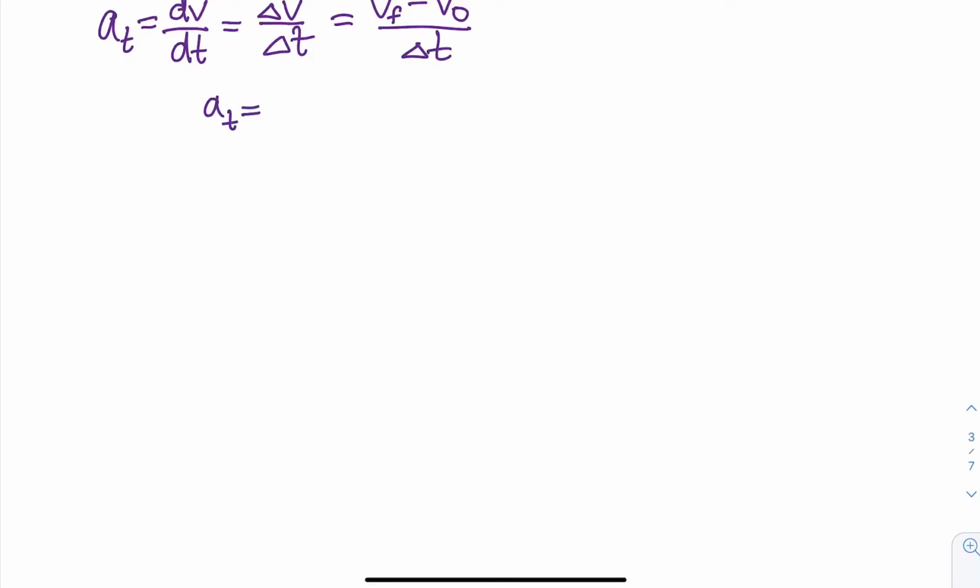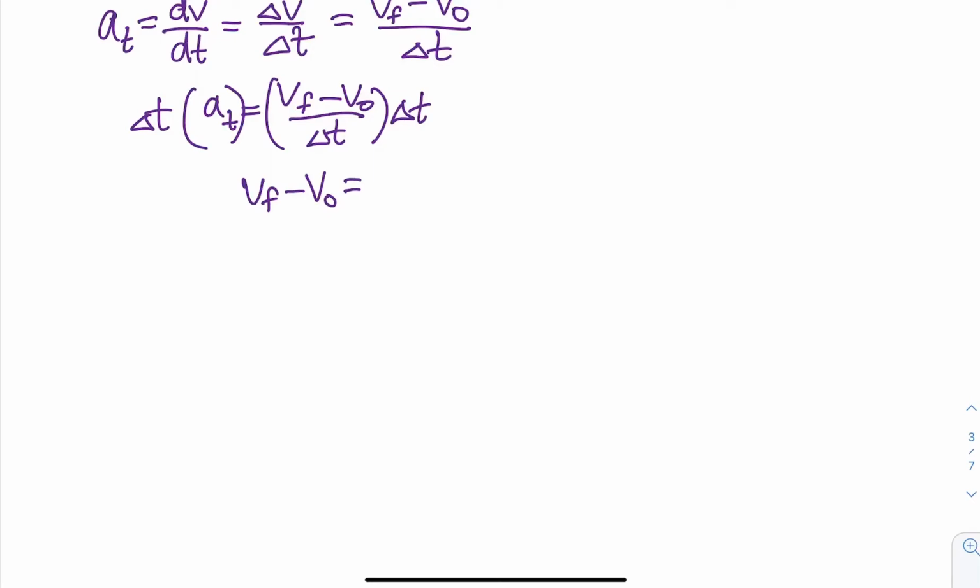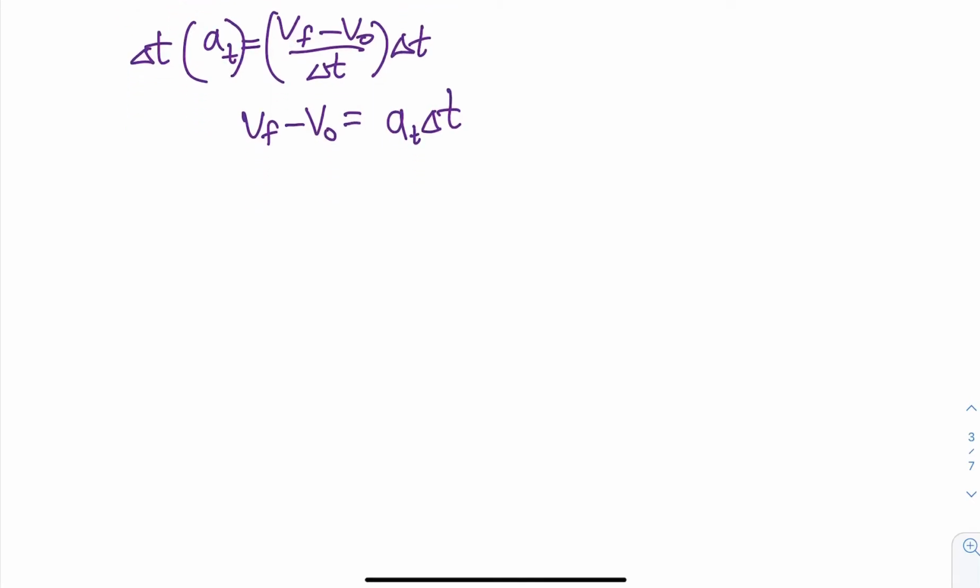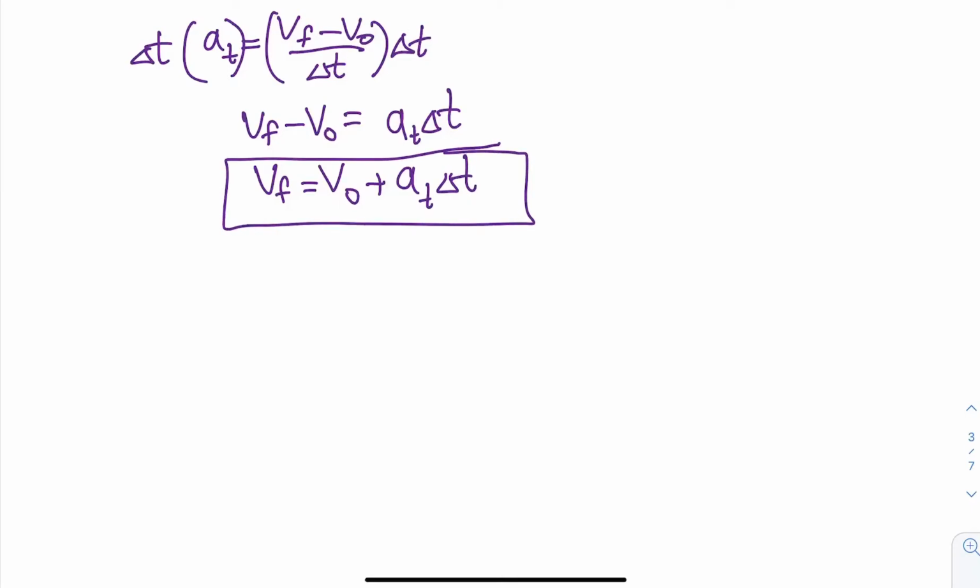So let's simplify that a little bit, and then we can multiply by delta t, and remember this is just a time interval, so we can do this. Then vf minus v naught equals a delta t, and then vf equals v naught plus a delta t, and that's going to be our first kinematic equation that's going to be used so much as we go on.